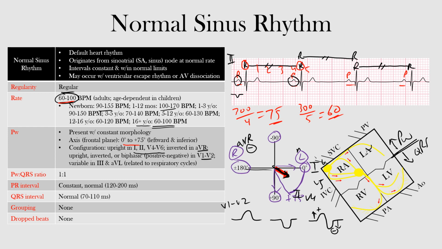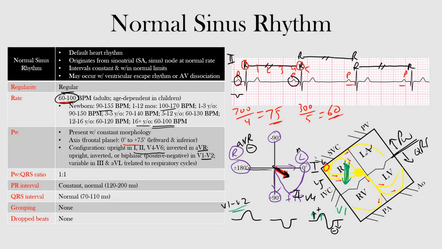Okay, let's just erase some of this here. Well, normally, what happens is the sinus node fires, and we said it's going leftward and inferiorly, but also the first vector is heading anteriorly, okay? And if you remember, these are our anterior precordial leads, sitting over the right ventricle. So imagine it heading towards this lead, V1. So we see that initial positive deflection going upwards, and then it has to depolarize the left atrium, so it will head backwards.